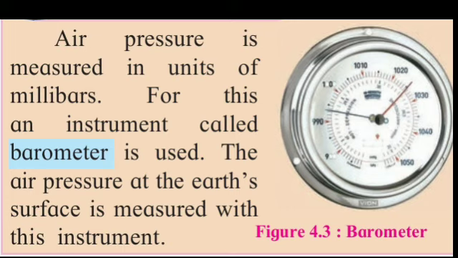Suppose you want to measure the air pressure in a particular region, how much pressure the air has in that region, the instrument you will use is a barometer. You go to the doctor when you have fever, and the doctor uses a thermometer to check the temperature. Am I right? In the same way, if you want to measure the air pressure in a particular region, you use this instrument, and it is known as a barometer.